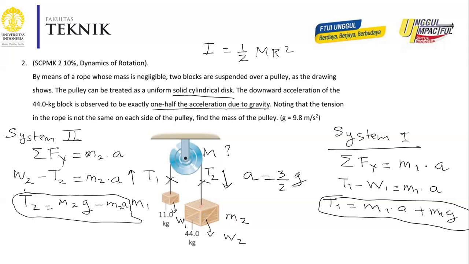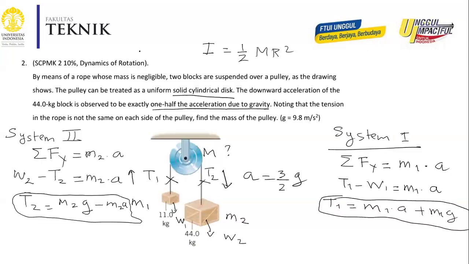And then how do we determine the mass of this cylinder? We need to use the relation of torque and inertia, because there is rotation from T2 and T1. This rotation is clockwise, because T2 is higher than T1.